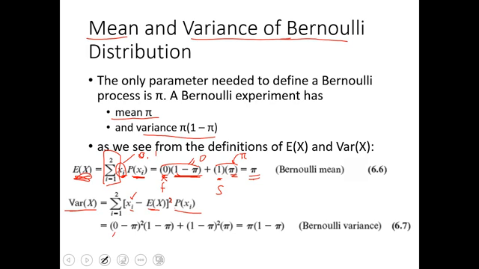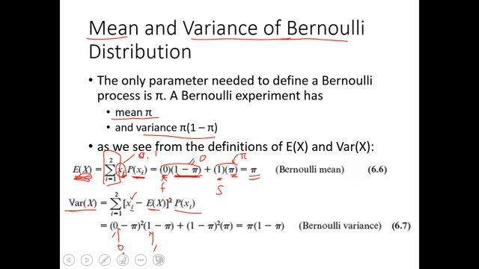Here xi can be 0 or 1, failure or success. For failure, we take 0 minus the expected value of x, square it, and multiply by the probability of failure, which is 1 minus pi.